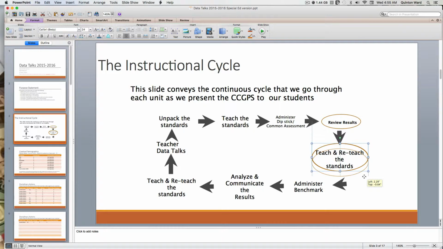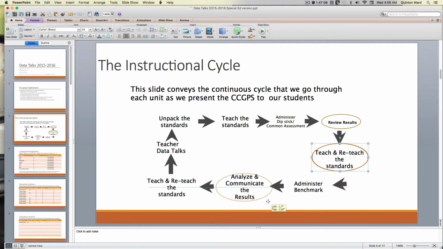After the teacher completes the unit, she will give either, and we use these words synonymously, a post-assessment or benchmark. The words are interchangeable, okay? So at the end of the unit, they'll administer a post-assessment. And then after the post-assessment, remember, anytime we give an assessment, we analyze the data to see exactly what they understood and were able to do.